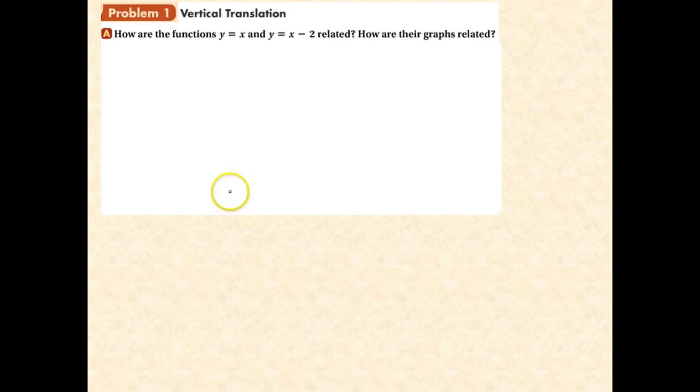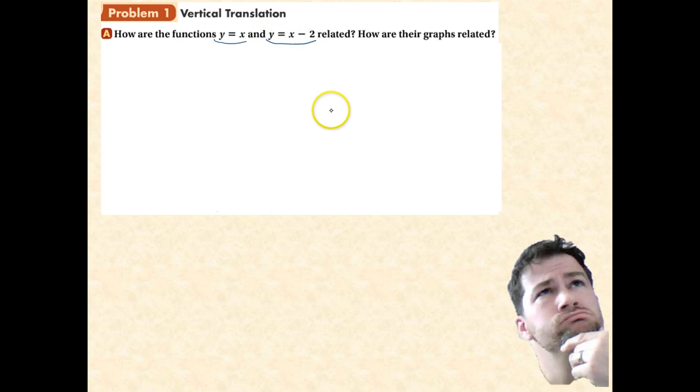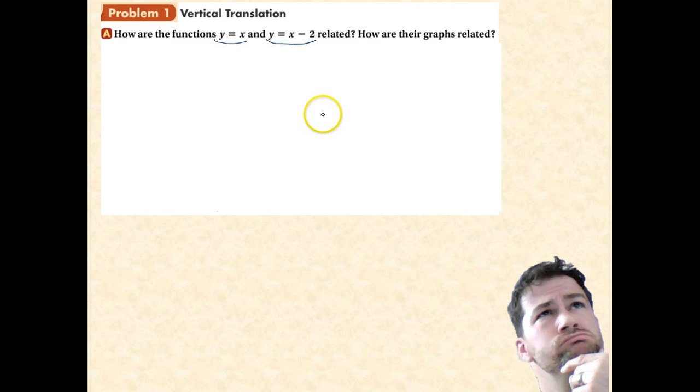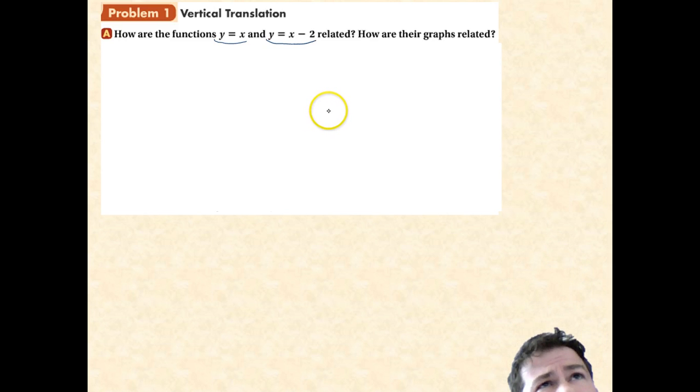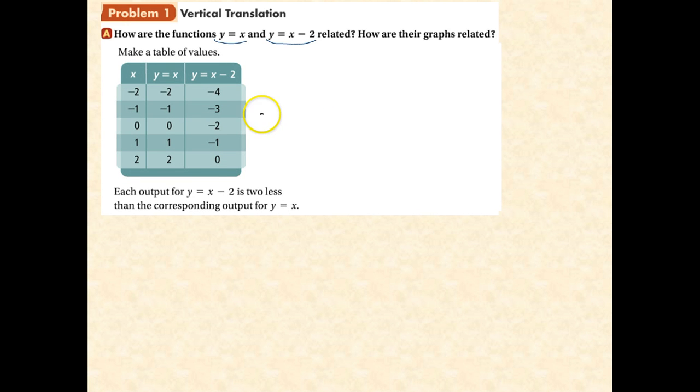So how are the functions y equals x and y equals x minus 2 related? How are their graphs related? Let me think about that. So let's make a table of values. If our x values are negative 2, negative 1, 0, 1, and 2, for y equals x, they're going to be the same.